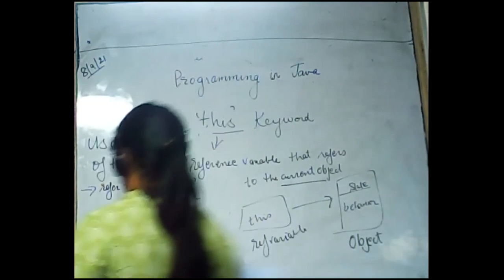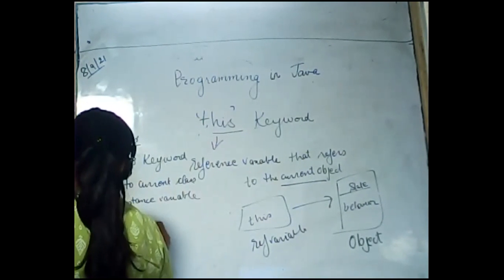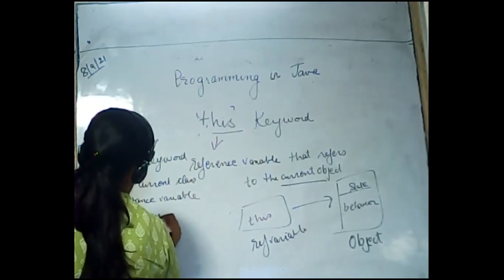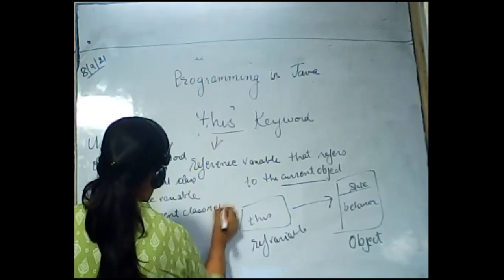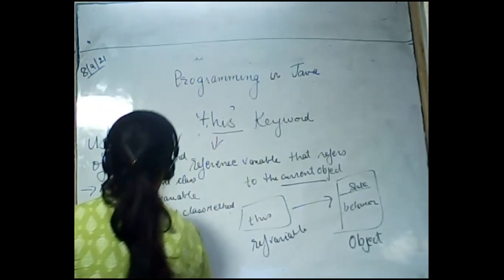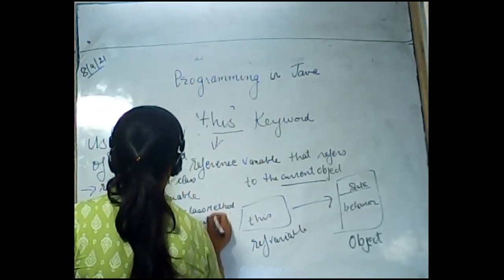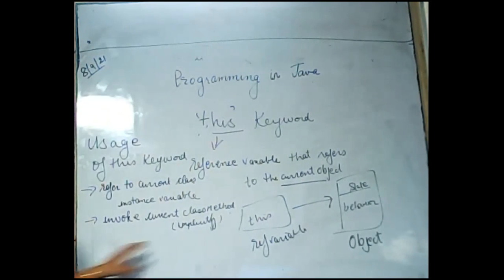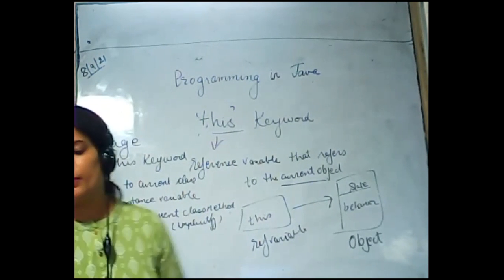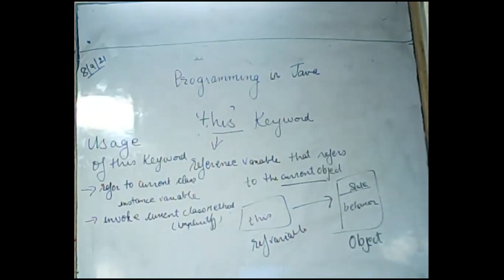Or it can be used to invoke the current class method, and that is implicit. Implicitly, by default, if we are invoking a current class method, at that time this keyword will be called.